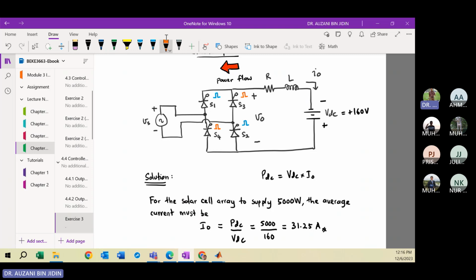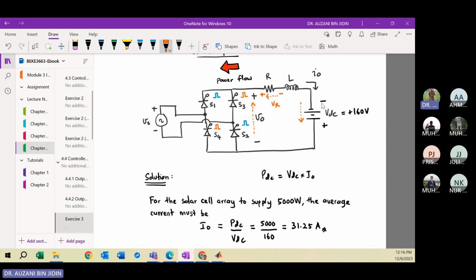Remember your output voltage direction is from minus to positive. So you have the voltage across the resistor, VR. R is a passive element, so the direction must be from minus to positive. Then you have the VDC, which we define as from minus to positive.